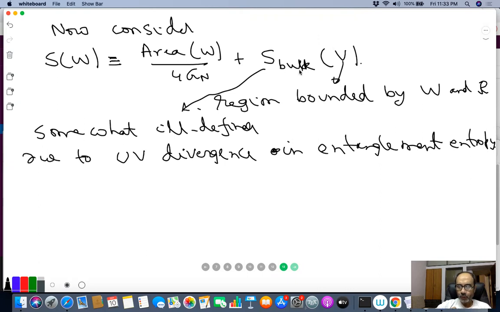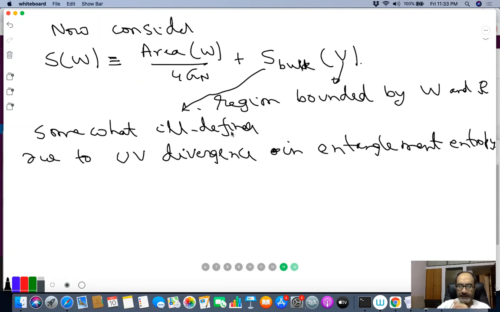So we don't expect that this actually makes sense fully in any theory of quantum gravity, but in some semi-classical notion it should exist, where you think of this as quantum fields fluctuating in the background geometry. But if you think of it that way, then it's not quite clear how to regulate the UV divergence.